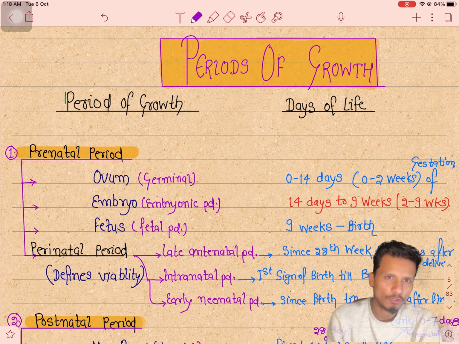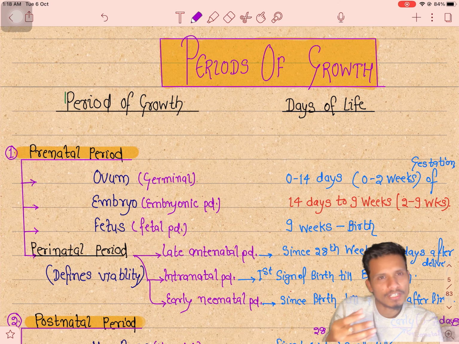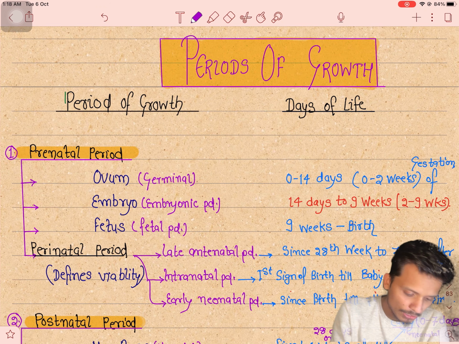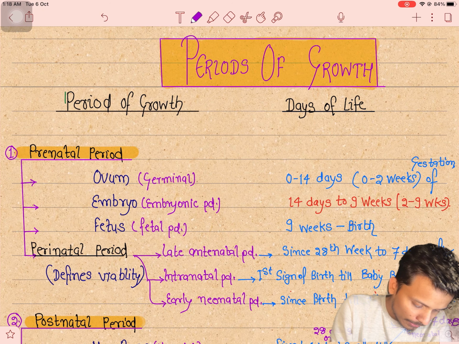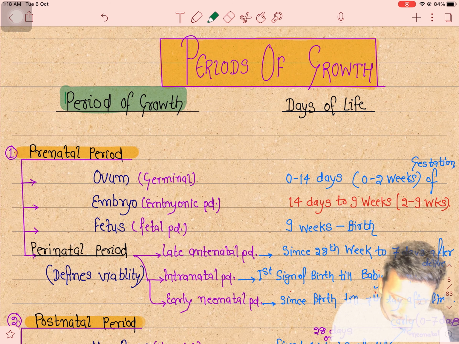So let's start our topic, the periods of growth of the fetus: how the fetus develops during the whole embryonic life, and after the embryonic life, what happens, what the names of these developing stages are, and how they are called. First we can see the periods of growth and days of life.